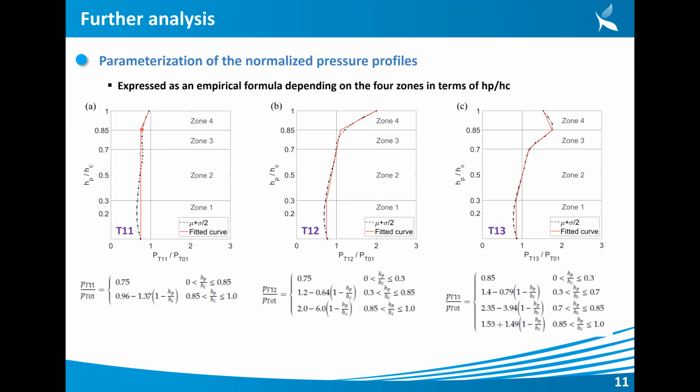Here, the black dotted line corresponds to the black lines in the previous slide, and the red line shows a fitted curve that gives a parameterization of the dotted line. These equations correspond to the red line here.